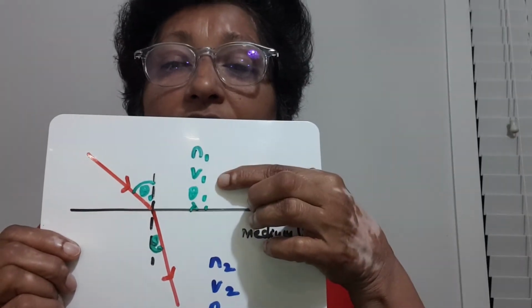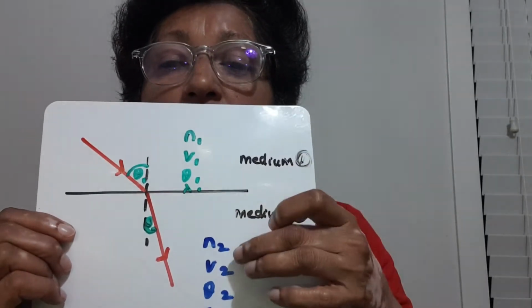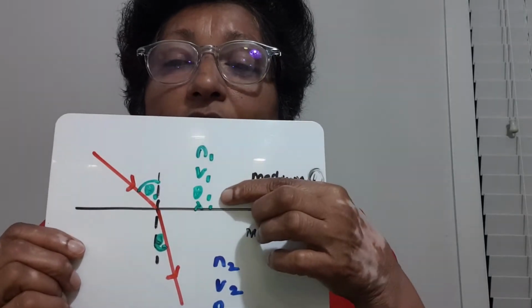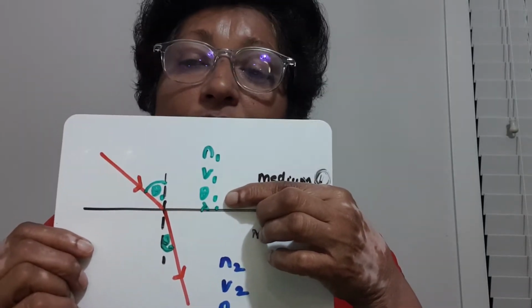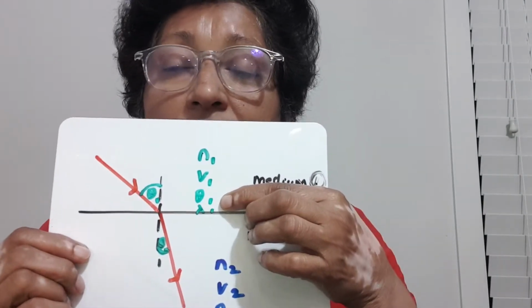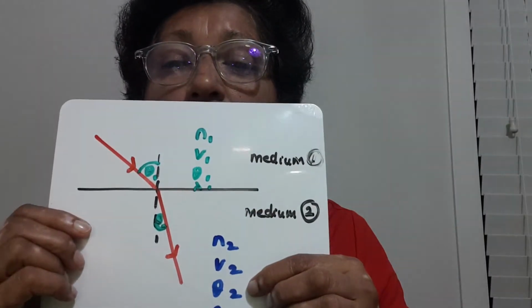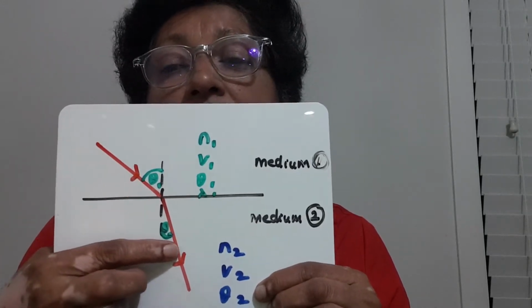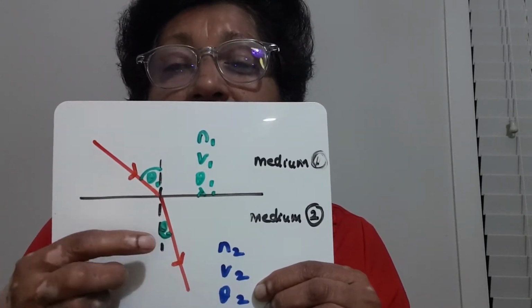And v1 is the speed in medium 1, v2 is the speed in medium 2, because the speed changes. Theta 1 is the angle the wave makes with the normal in medium 1, and theta 2 is the angle of refraction, which is the angle between the normal and the wave. Sometimes there are trick questions.